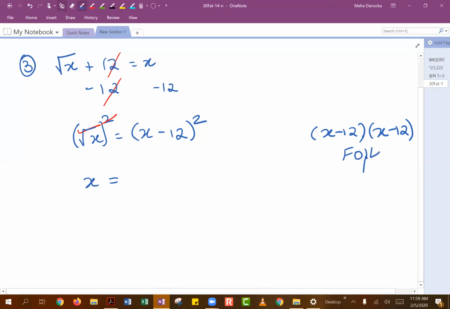will end up giving us what? Plus 144. Yeah, I think I need more space there.